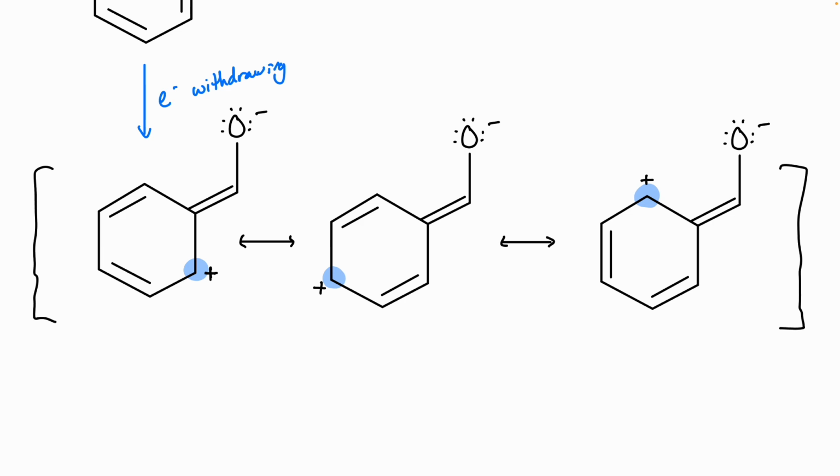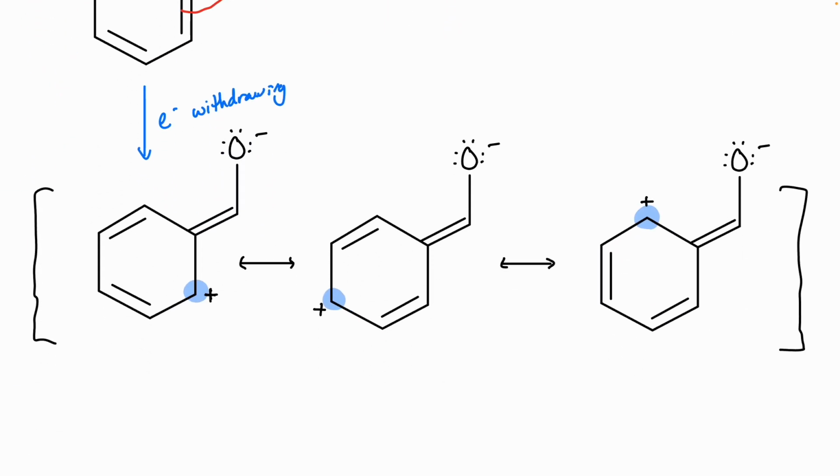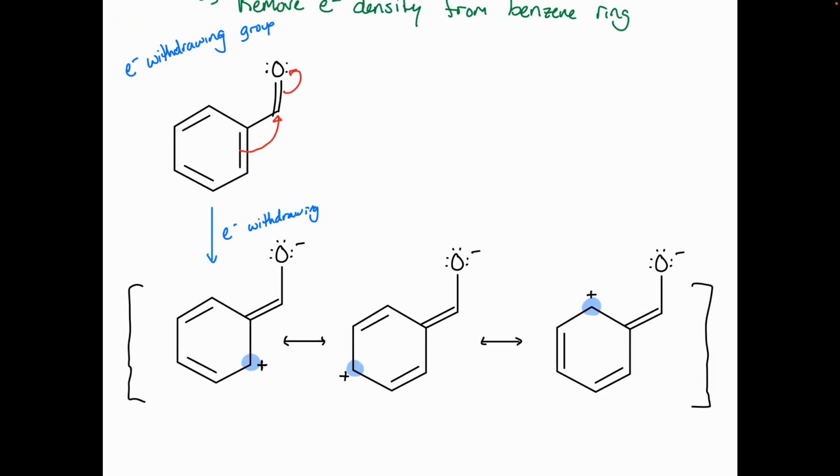Okay, so again, just like before, we've got this charge being passed around this ring. It's only hitting specific carbons. But unlike my electron donating group, which is donating a pair of electrons, so now it's a negative charge, this is an electron withdrawing group, so it's stealing electrons away from that ring, right? So now every other carbon has that positive charge.